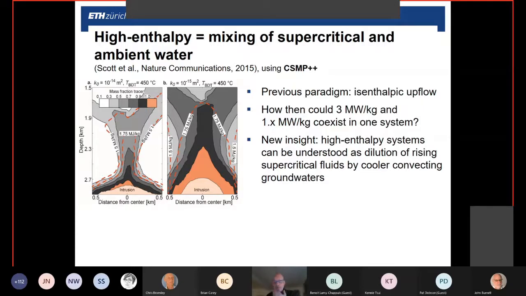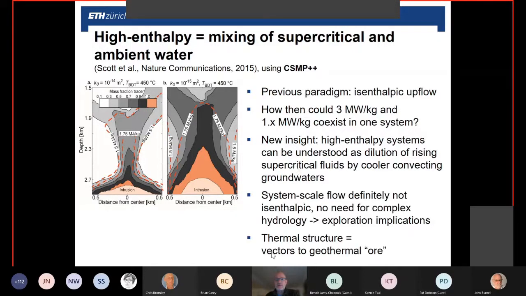You can turn this around. I'm also more on the mineral side of things in hydrothermal systems, and there you have this thing called vectors to ore. So in terms of supercritical resources, the thermal structure in this sense would be a vector towards the supercritical resource.